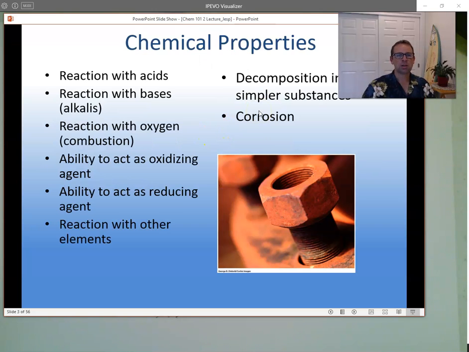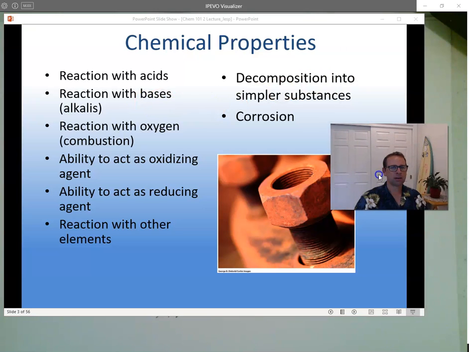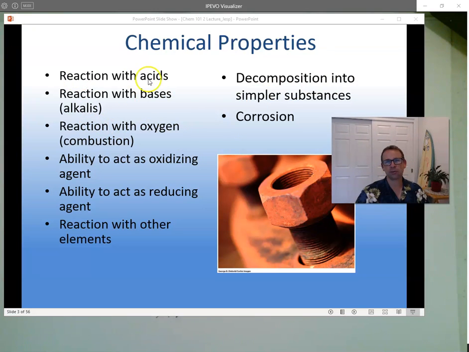Chemical properties are described in phrases like how reactive it is toward acid, or how it oxidizes or reduces or corrodes or tarnishes. These are all words that indicate there's a change in the material's properties, right? So rusted iron is going to be much more brittle than metallic iron.